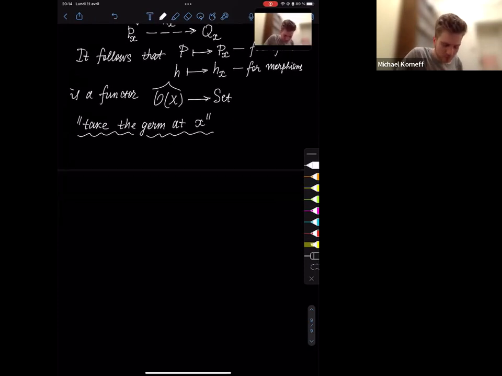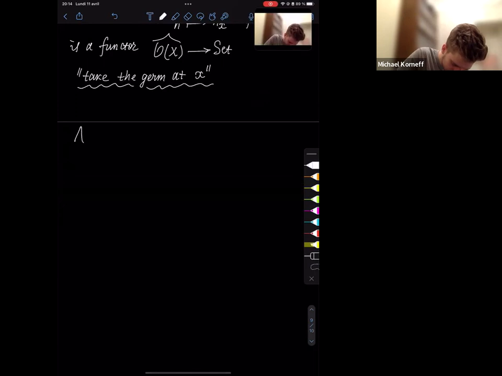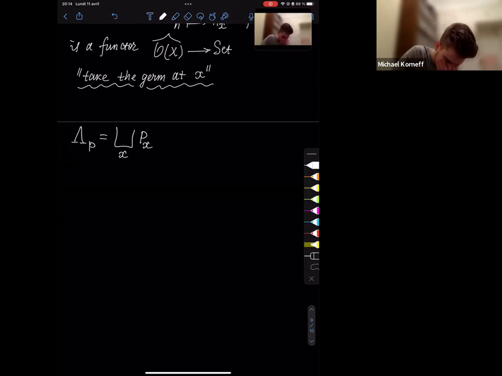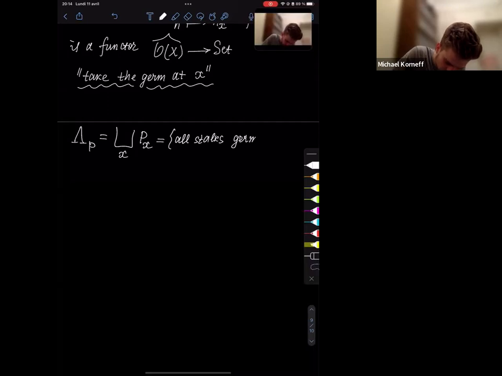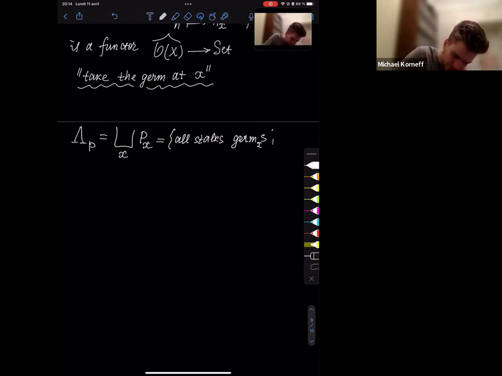But first of all, we should define the set Lambda P, which is a union of all stalks, just all stalks, all germs s at x, where x goes over X and s goes over PU.